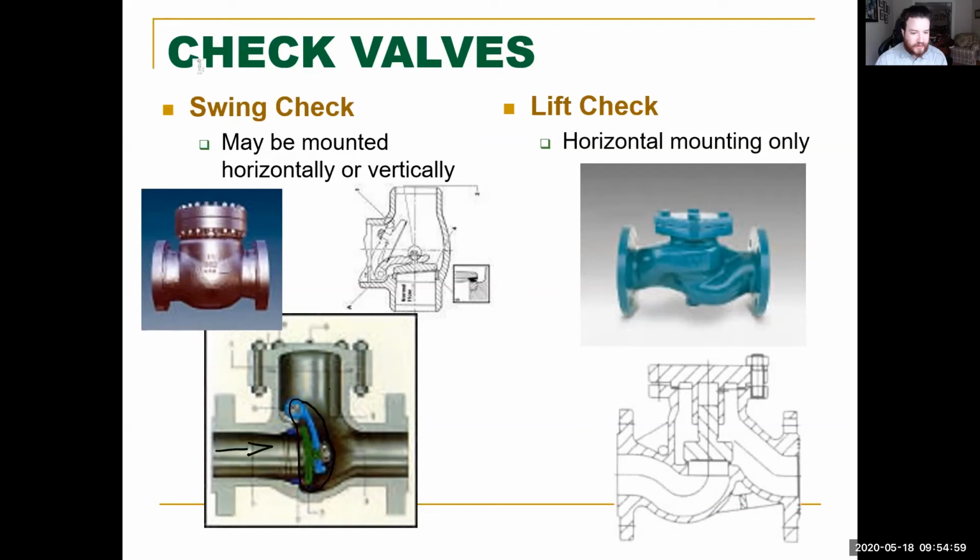The flow is going to go through and push this up, but as soon as the flow pressure stops, that swing check wants to close. It's all based on the weight of this piece. And what's great about it is they can be mounted horizontally or vertically, because gravity is still going to affect them the same.